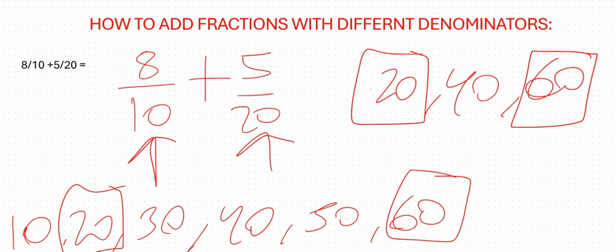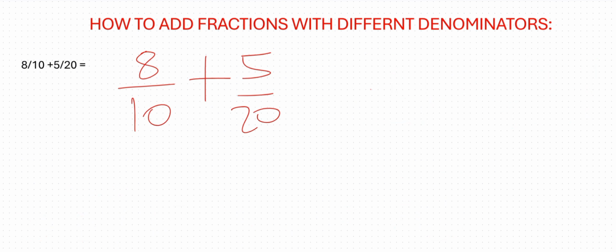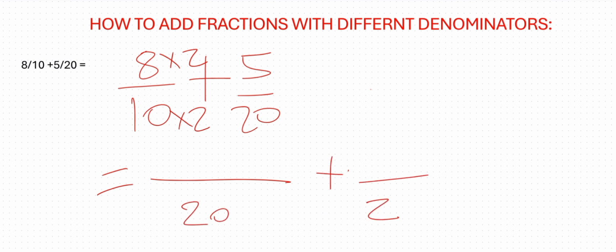Let me just erase all this, and now we start the process. 10 times 2 is 20, so that will be 20 plus 20, and this 5 comes down, and this becomes 20 because 10 times 2 is 20.